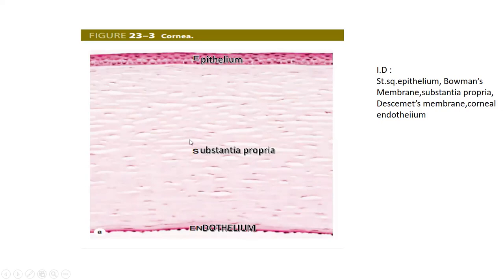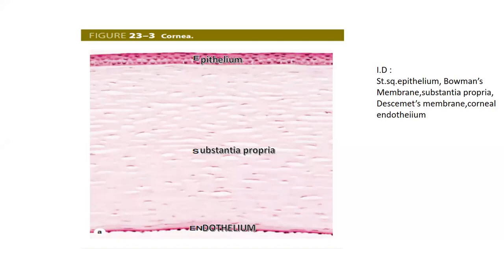This whole is substantia propria. Here you can see these nuclei. These are the nuclei of keratocytes scattered between the collagen fibers. This pink area is collagen fibers embedded in the ground substance. So it forms 90% of the cornea. And innermost, this pink line is Descemet's membrane. Actually, what is Descemet's membrane?